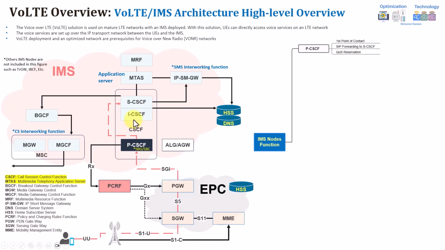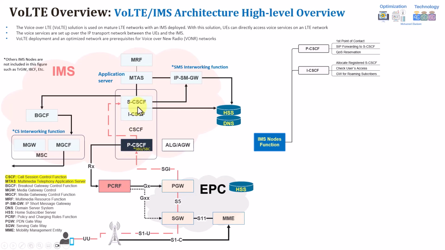Moving forward, the I-CSCF is abbreviated for interrogating CSCF, and CSCF, as we mentioned, is call session control function. The most important function of the I-CSCF is to allocate the registered CSCF if the user's network does not know which CSCF this particular user is registered to, in order to start forwarding all the SIP signaling directly from the proxy to the CSCF.